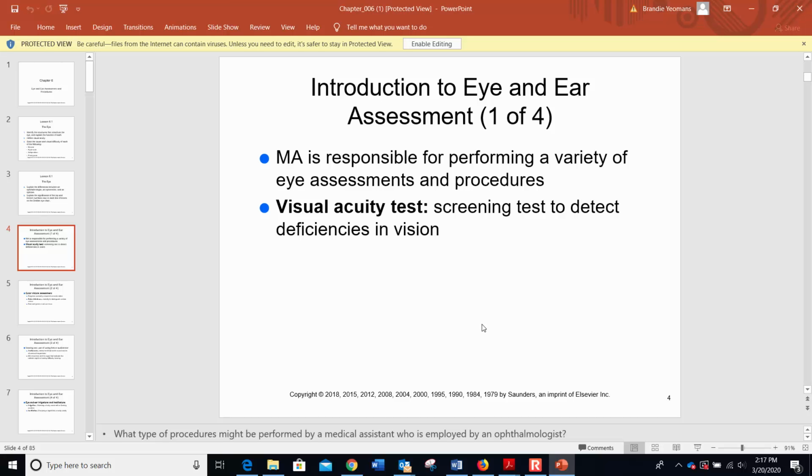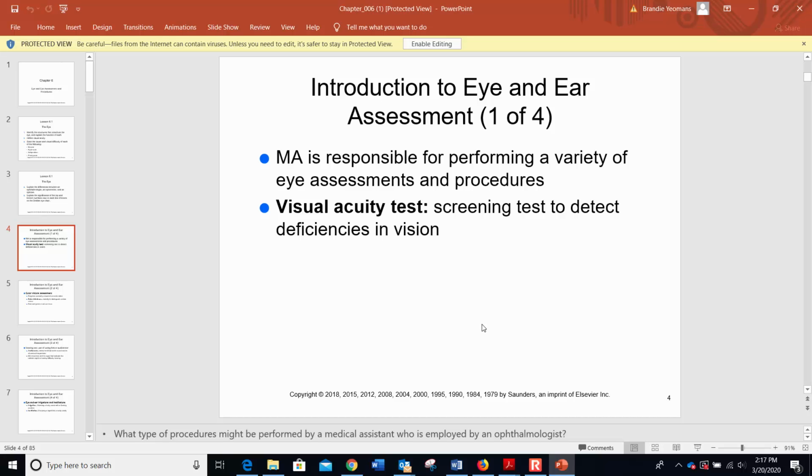Whereas the ophthalmologist does the same thing, but they actually treat more of the diseases and disorders of the eyes, and they're the ones that are doing a lot of surgery. So the lens replacement, removing cataracts, those types of things, they are performed by an ophthalmologist.